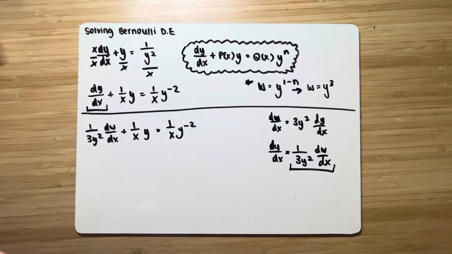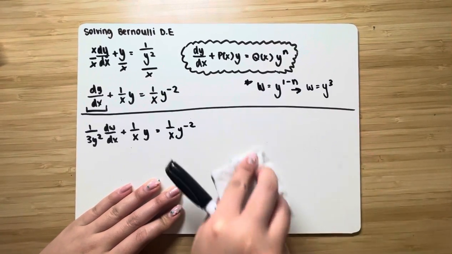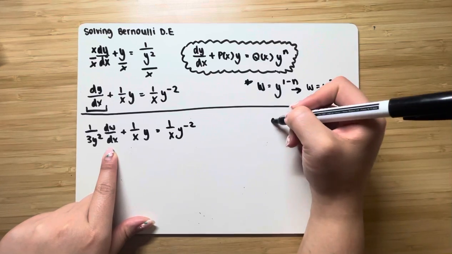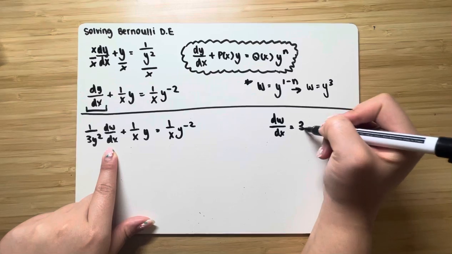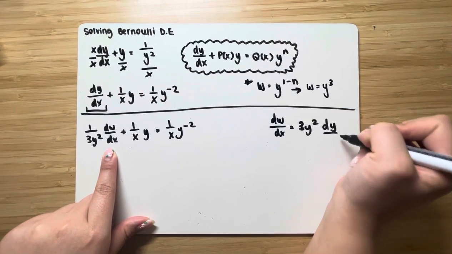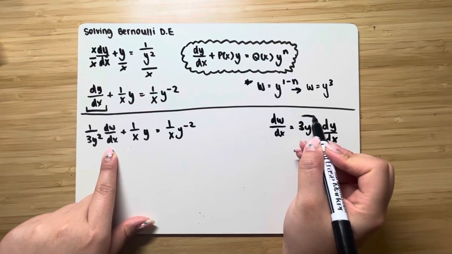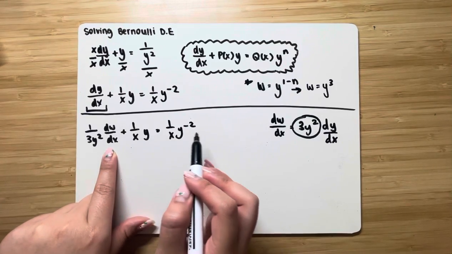Once you have that, you want to erase this to make more space. And if you can recall, when we did this, dw over dx is equal to the derivative of this, 3y squared dy over dx. So you want to use this value and multiply it on all of these terms.